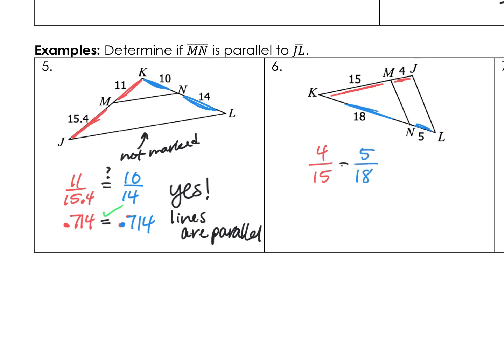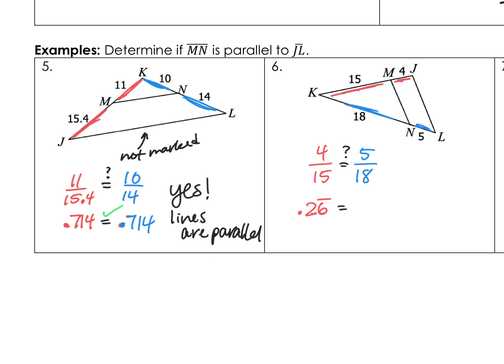The fastest way to check this is literally just divide in your calculator. 4 divided by 15, top divided by the bottom, gets me this fun decimal of 0.26 repeating. Again, this is a question mark.